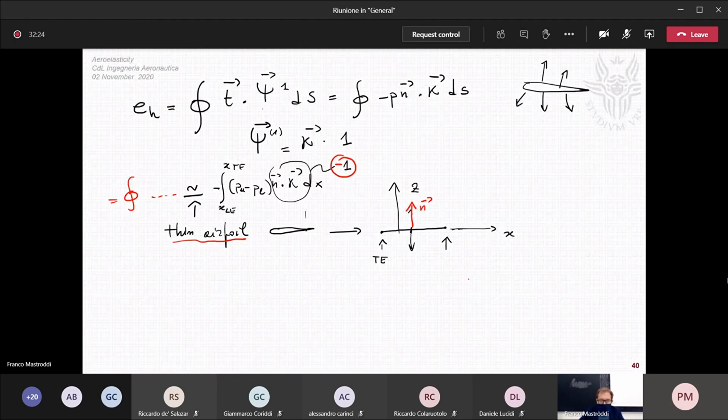Okay? And so we have that the generalized force is equal to the integral from the leading edge x coordinate to the trailing edge x coordinate of P upper, pressure in the upper side, minus pressure in the lower side, in dx. Okay?